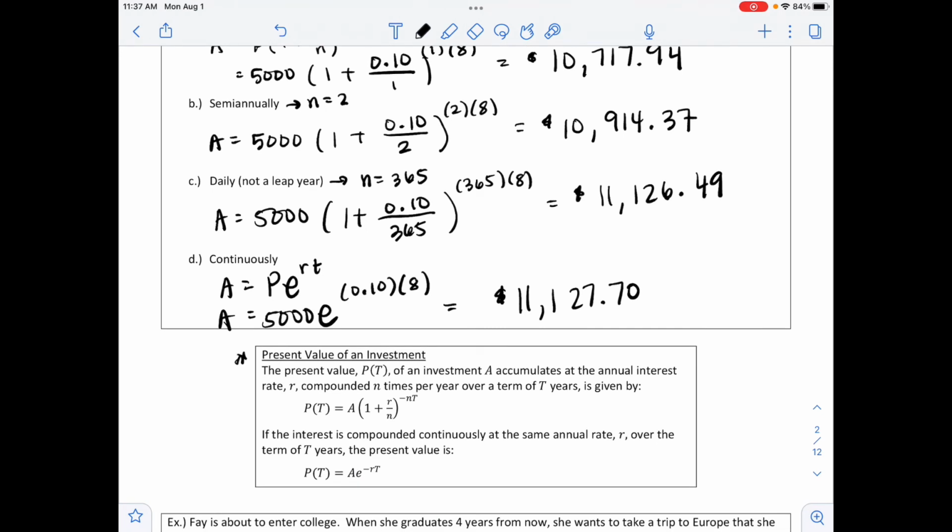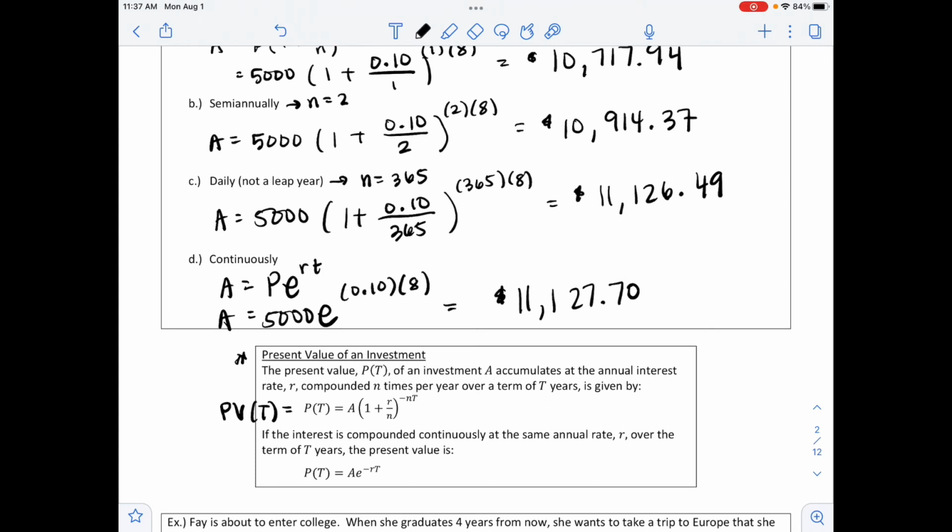So right below this we have what's called present value of an investment. For present value of an investment, the present value P of T of an investment A accumulated at the annual interest rate R compounded n times per year over a time of T years is given by P of T, also sometimes written PV, meaning present value at time T, equals A times (1 plus R over N) to the negative NT.